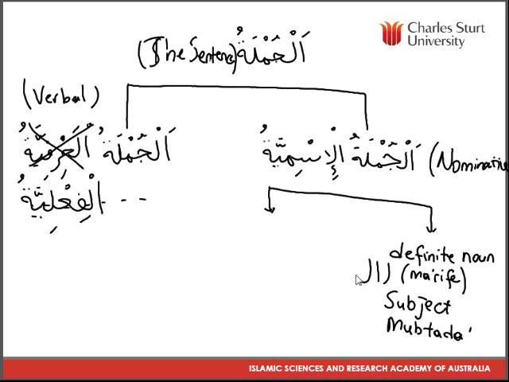So in today's lecture we learned that al is a sign of ma'rifah. One type of ma'rifah is the word with al. This article makes any noun directly definite. So if it has al, it is definite, and the subject must start with a definite noun.